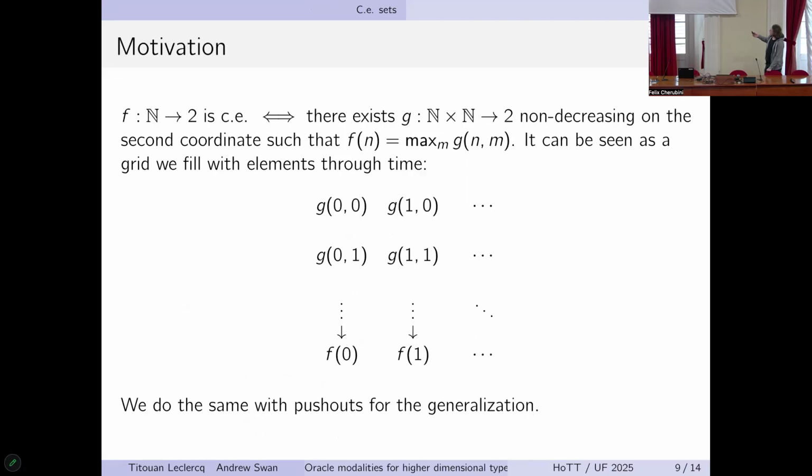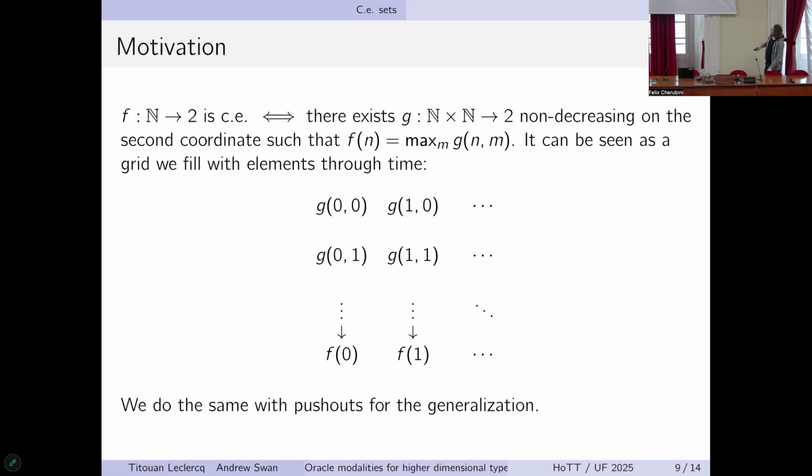And now I'll talk about computably enumerable sets. Another definition, which is more useful, is that we can consider a grid which is computable, and our subset of n will be the limit of each column of the grid. So we can take the grid to be non-decreasing, or just take the max.